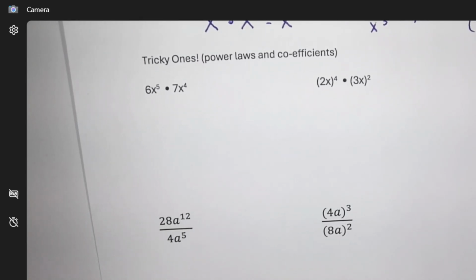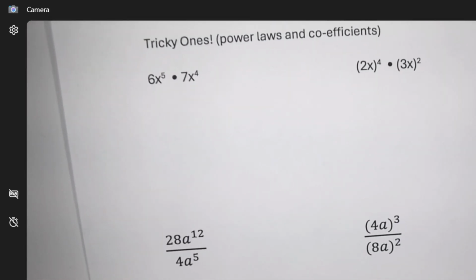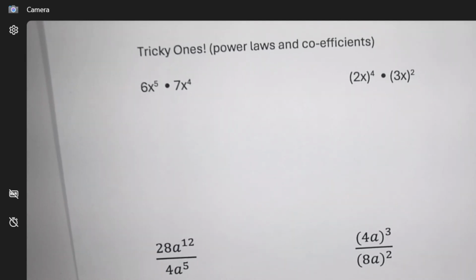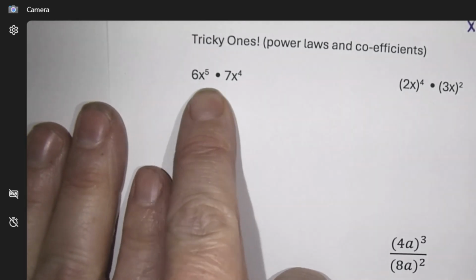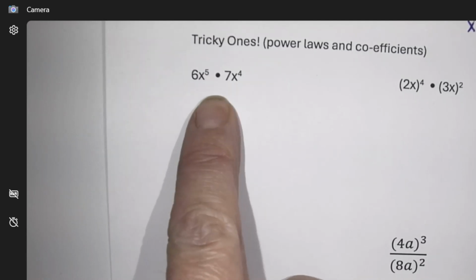Okay, now here's why it's tricky. You have to tell yourself every time, is the coefficient part of the exponent repetition or afterthought? Tell me about these coefficients. Are they with the exponent idea or are they afterthought? They are afterthought.